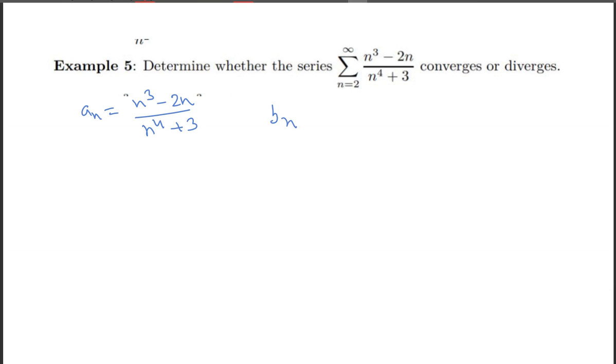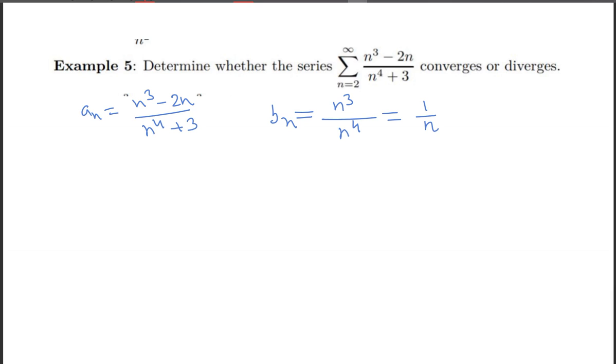In that case, for Bn you write the highest degree of the numerator, that is n cube, and the highest degree of the denominator, n to the power 4. This is a trick, it does not always hold. So Bn is equal to 1 by n.